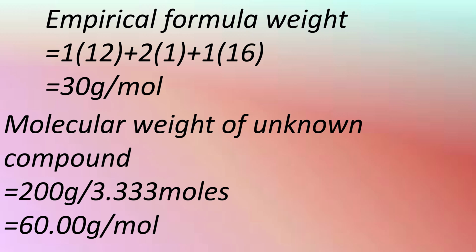Now we will calculate molecular weight of unknown compound. As I have discussed earlier, the amount of unknown compound is given 200 grams and the moles are given 3.333 moles. We will divide amount by moles. The answer appears 60 gram per mole is the molecular weight of unknown compound.